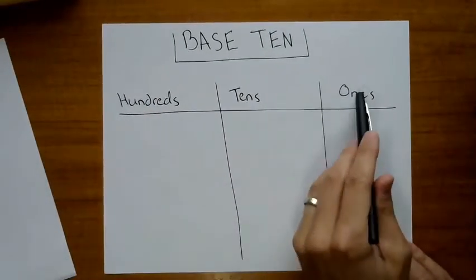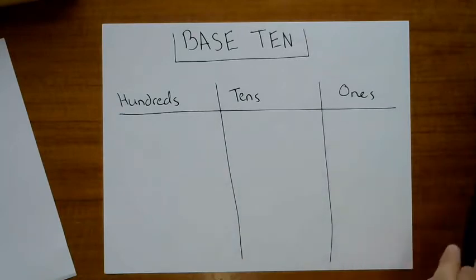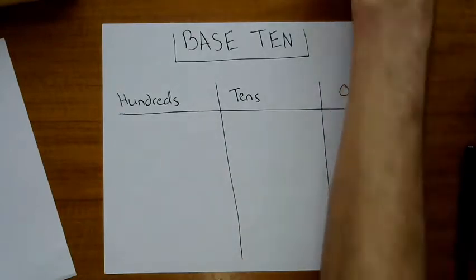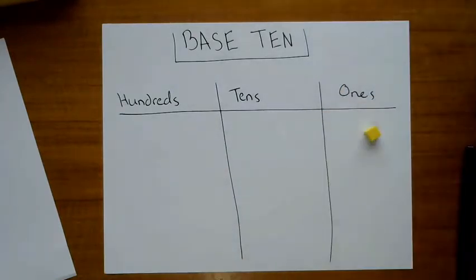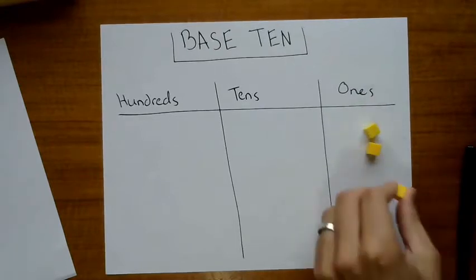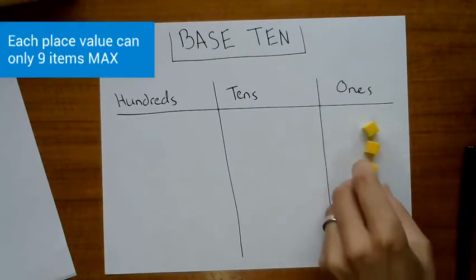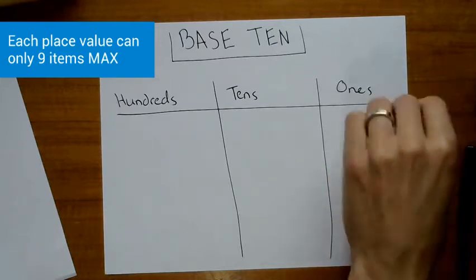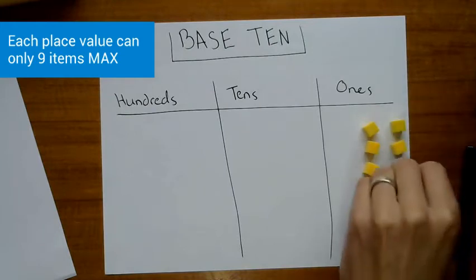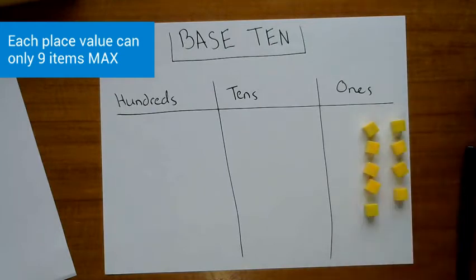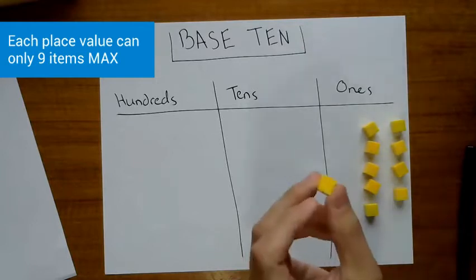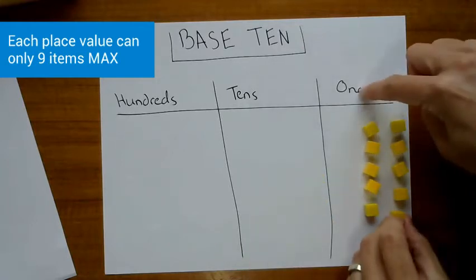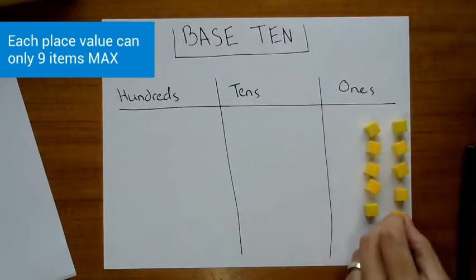You know that we've got the ones place, the tens place, and the hundreds place. It's based on 10 because each place can hold up to just 9 of each place. So for example, I've got 4 ones, 5 ones, 6, 7, 8, 9. But when I get to 10, I can no longer use that place value.